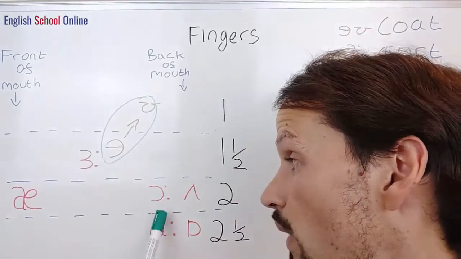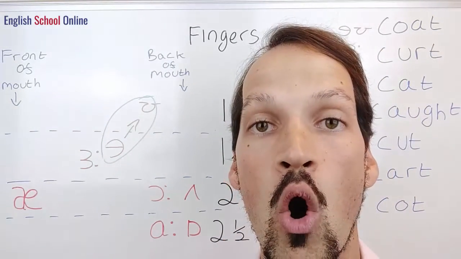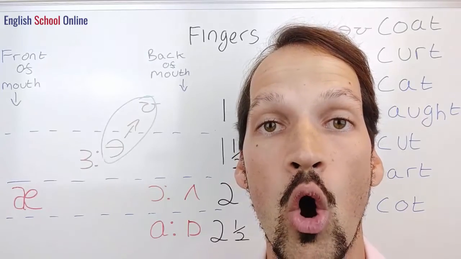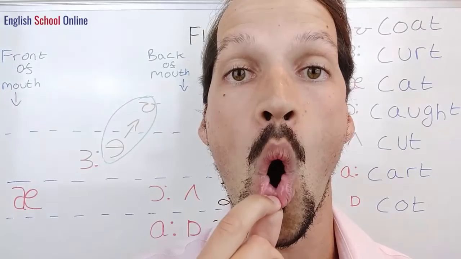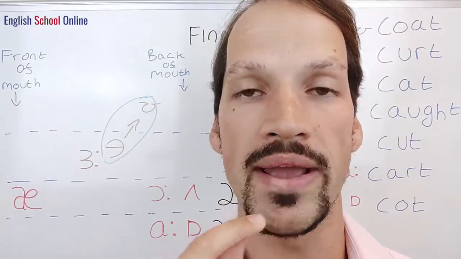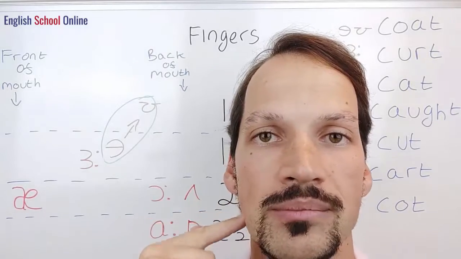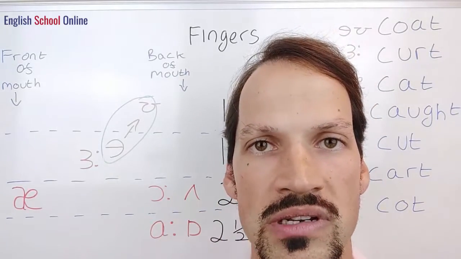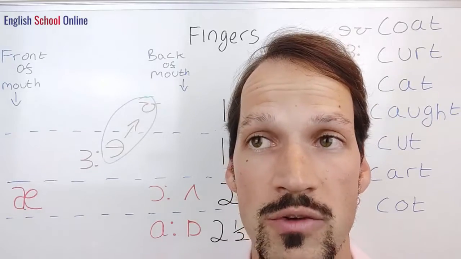I'll make these two quickly and explain them afterwards. Or. I hope you can see into my mouth. Or. The tongue is pulling back in the mouth. That's really important. That's one of the key things to know if you want to get this right.